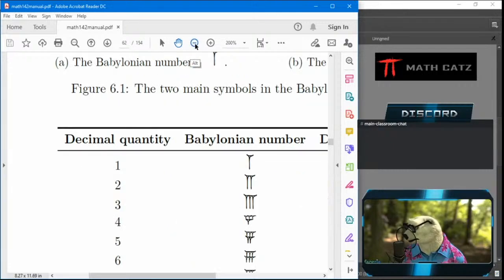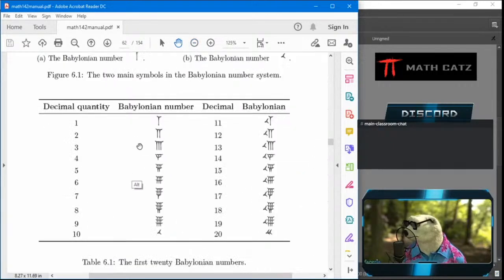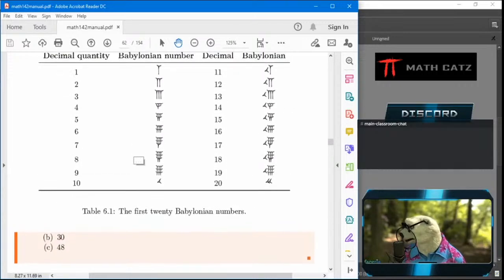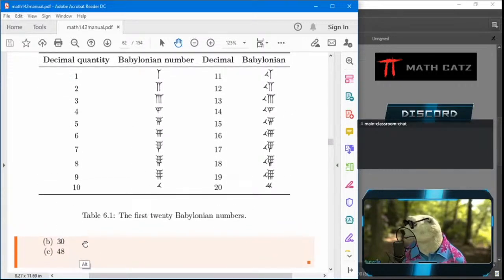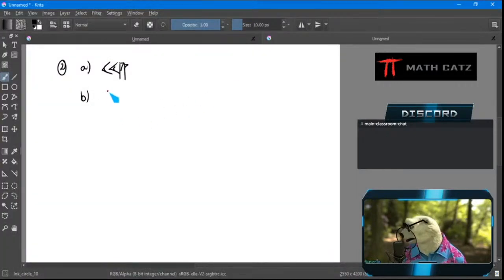Let me zoom out. Where's my exercise continued? Oh, over here. So before we get to the rest of the exercise questions, you see here they listed some representations of the first 20 and just sort of a cluster of these symbols repeated. So 30 will just be 3 tens, nice and tight together.